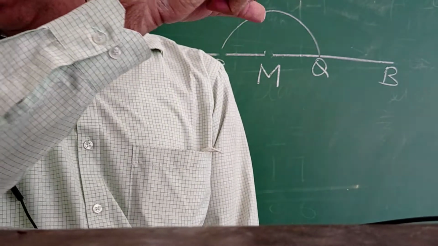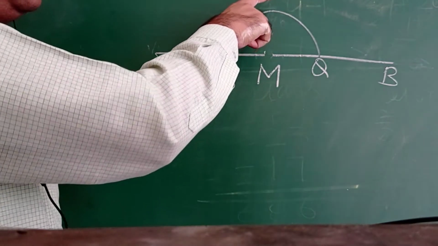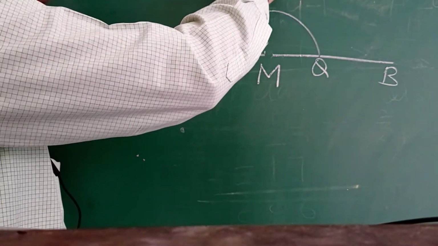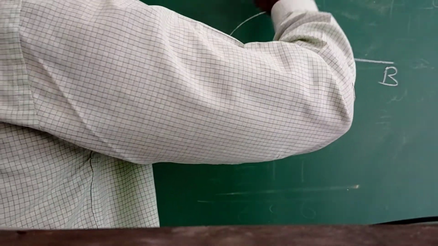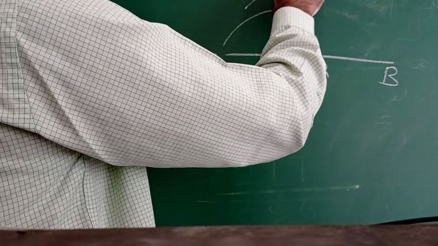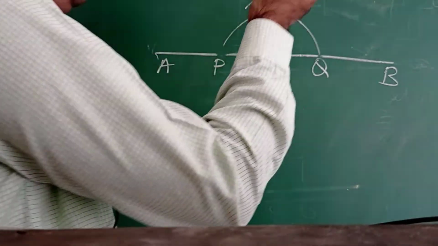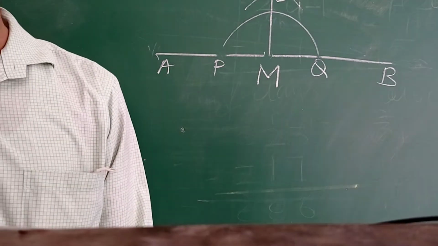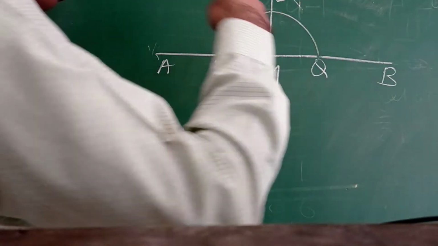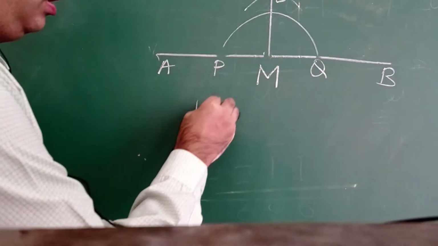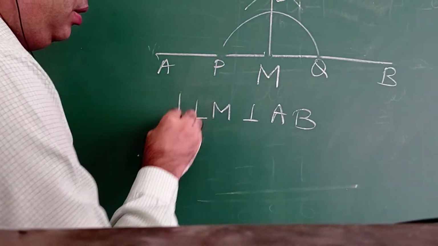You will mark two arcs which cut each other at L. From here you will cut one mark, and here you will cut another mark, and they will cut each other at L, and join LM. So LM is the perpendicular to AB.